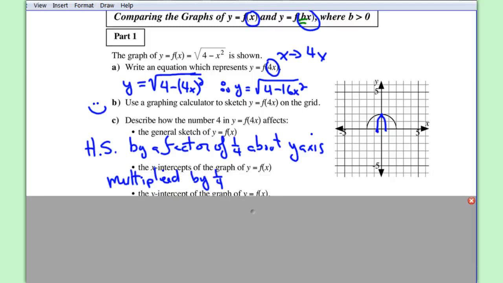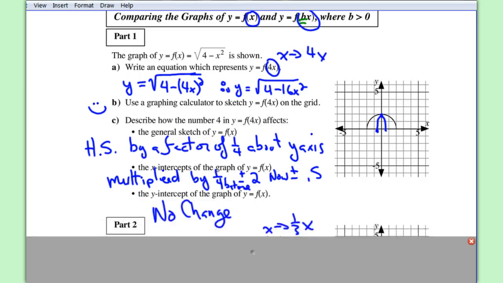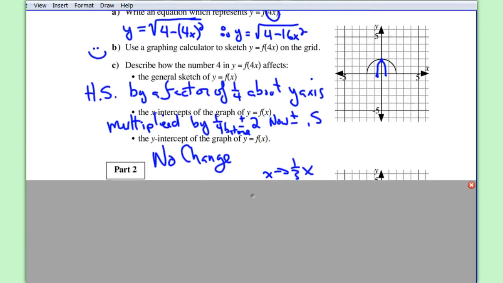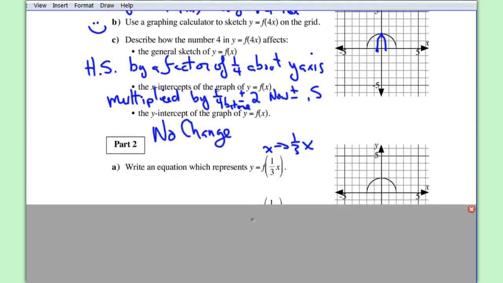When you look closely, they go from being plus or minus 2 to being plus or minus 0.5. That's 1/4 of what they used to be. So this is now, and this was before. What about the y-intercept? Well, there wasn't any change. The y-intercept still stayed up at 2. I wonder what this transformation is about.